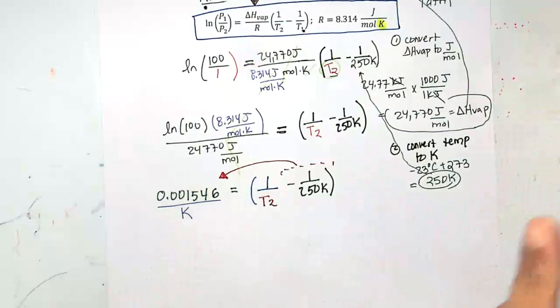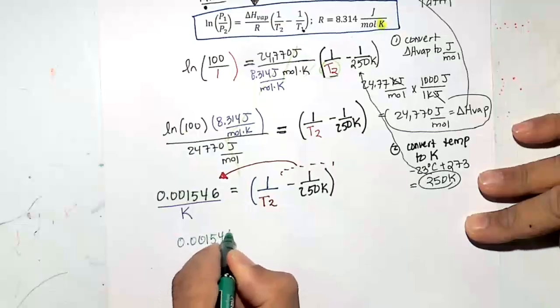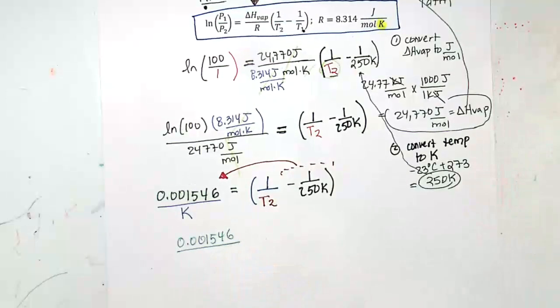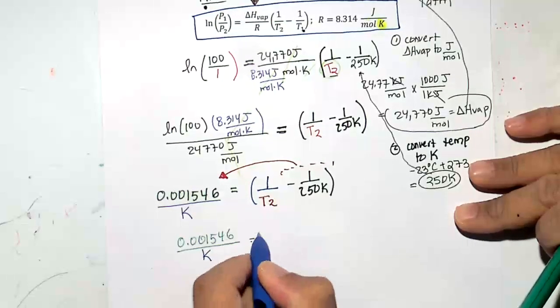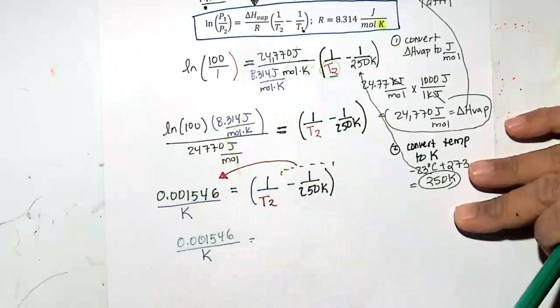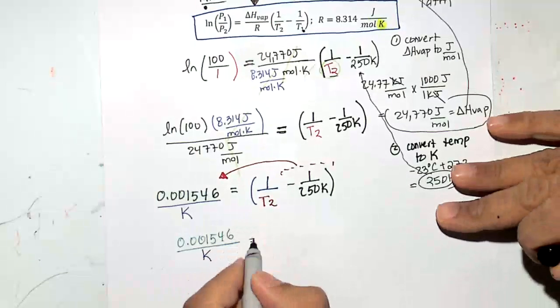Again, this is just a math problem, not chemistry. 0.001546 divided by Kelvin, plus, minus 1 over 250K goes back to the other side, so that becomes plus 1 over 250K.